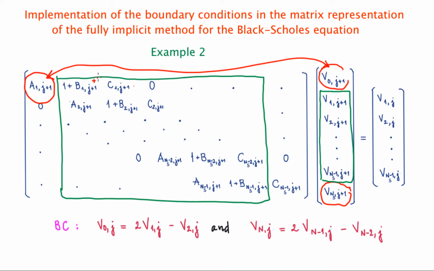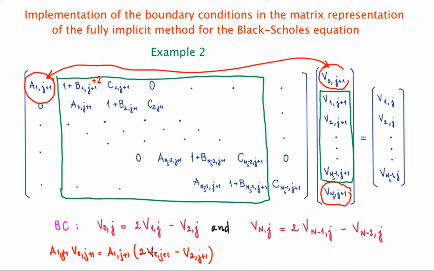Therefore we need to include another component, which will be plus 2 times, because this is A times V0, but V0 is A times A1 evaluated at J plus 1 times B0. A1 evaluated at J plus 1 is going to be multiplied by B1 at J plus 1, because everything has to be evaluated at J plus 1, minus B2 evaluated at J plus 1.